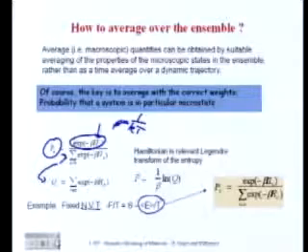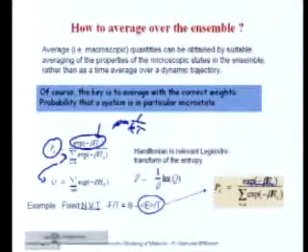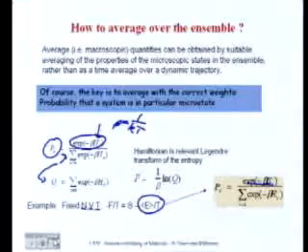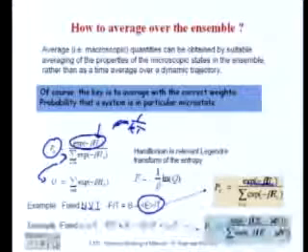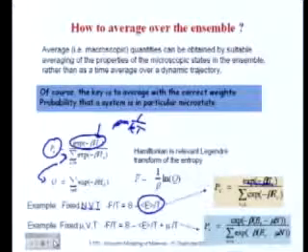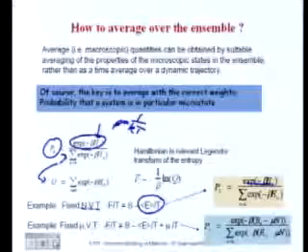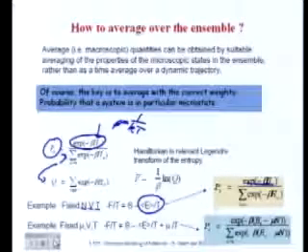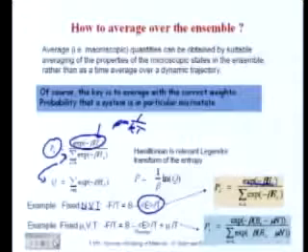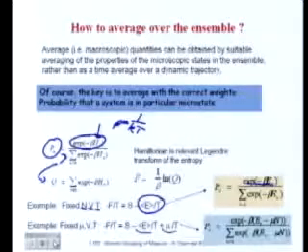And that's what you see in a canonical ensemble. You weigh states with the exponential of minus beta times the energy. That's the one you're used to. But let's say you go to a grand canonical ensemble. Now you're at fixed chemical potential, so the number of particles can fluctuate. So now the relevant Legendre transform of the entropy has a minus E over T and a plus mu over T in it.